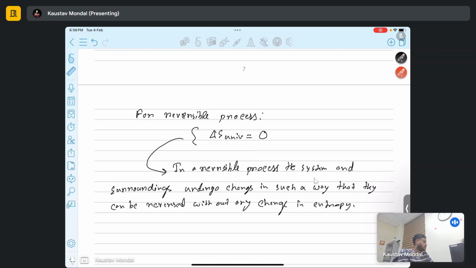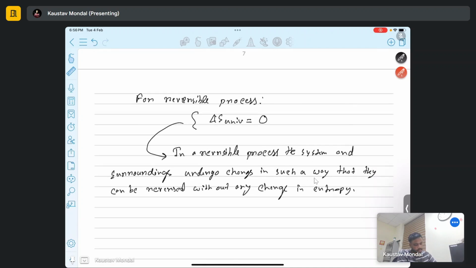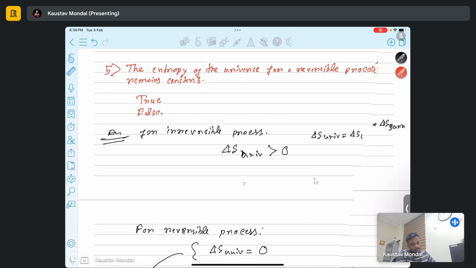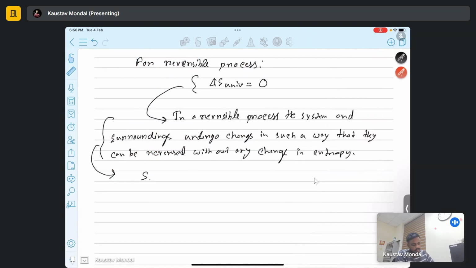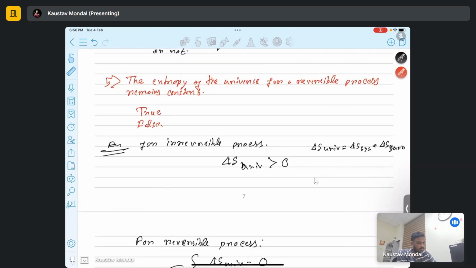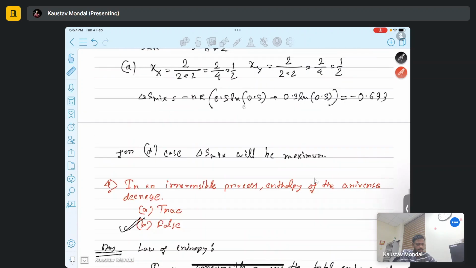This is the main thing. So the entropy of the universe should remain constant. So the answer will be true. That's problem number 5 done.